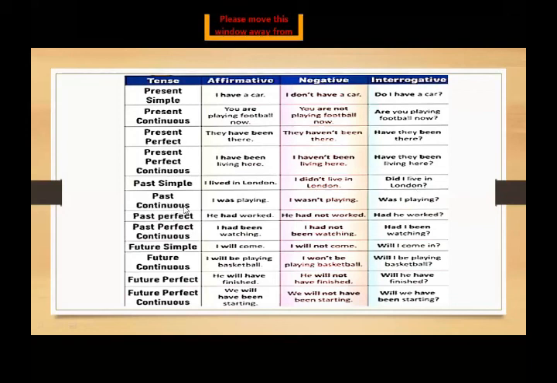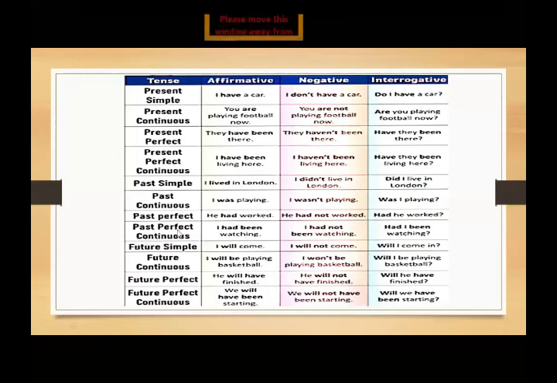Then past continuous: I was playing. Negative: I was not playing. Interrogative: Was I playing? Then past perfect tense: I had worked. Negative: He had not worked. Interrogative: Had he worked?